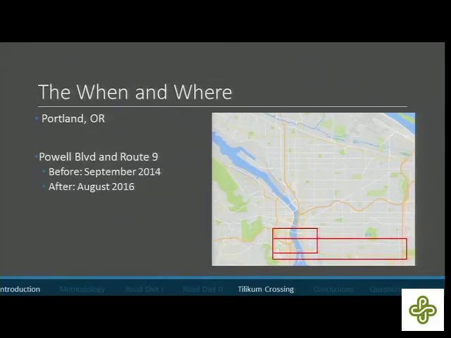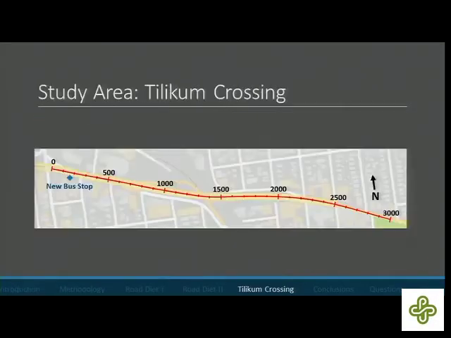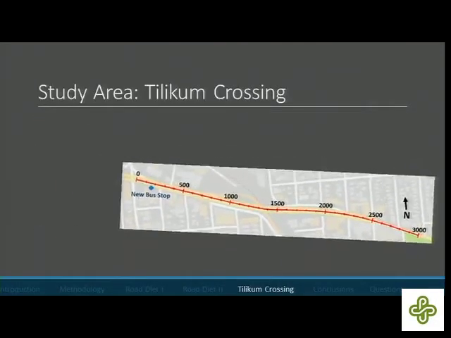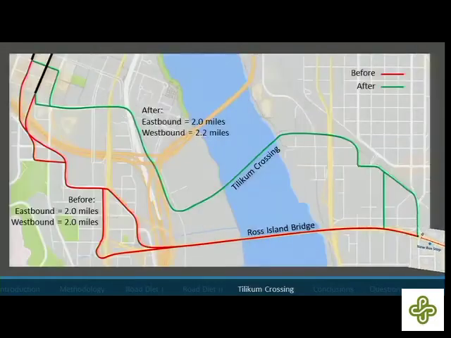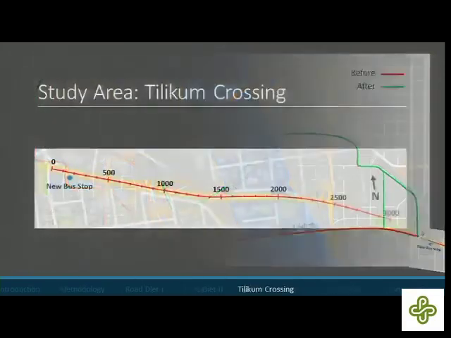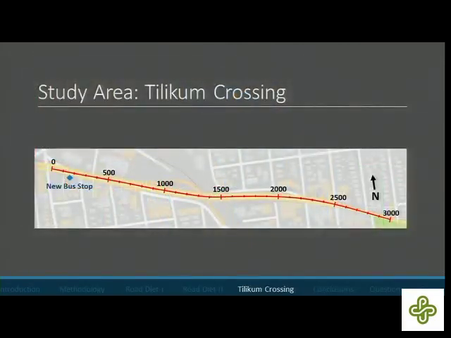First, I'm going to look at just the segment immediately eastbound, where the two routes have merged from the before and after case. So up top is where the route travels now, and below is where it used to travel. We're going to start by looking just where they merged again and see, did it feel anything?